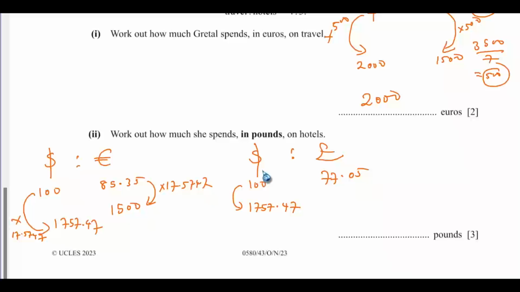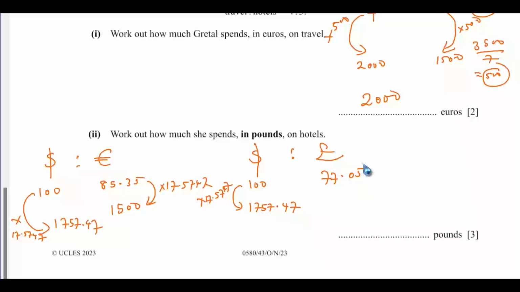Okay, so that means this 1757.47 should be divided by 100, and that will give us 17.5747. So that is times 17.5747.